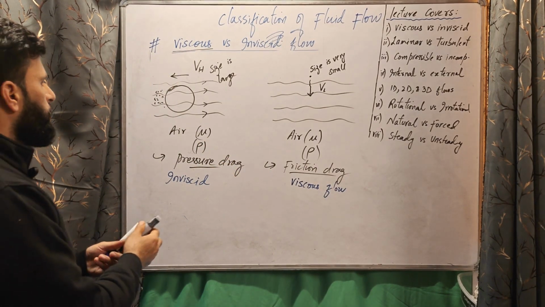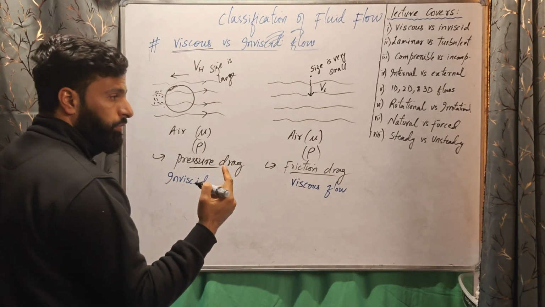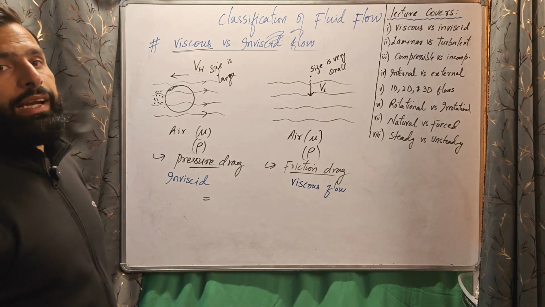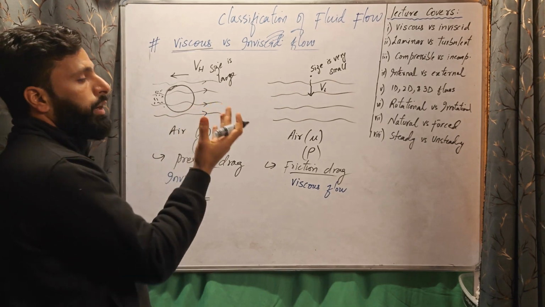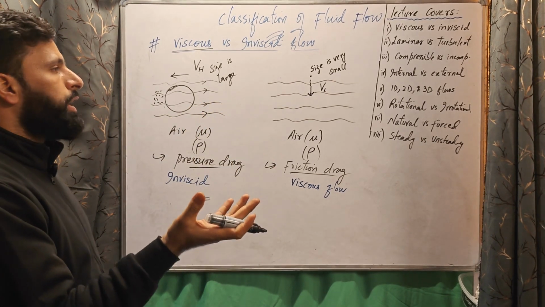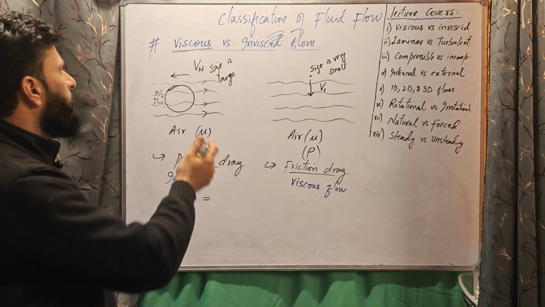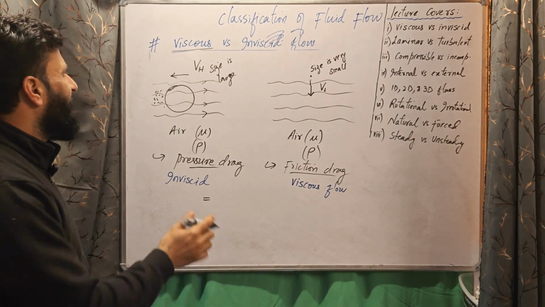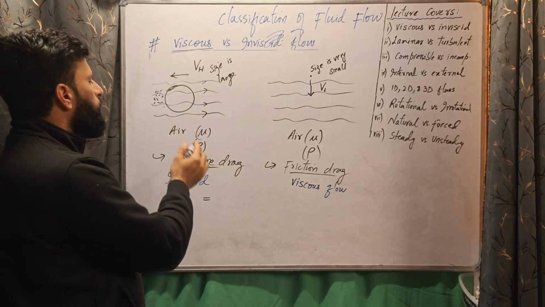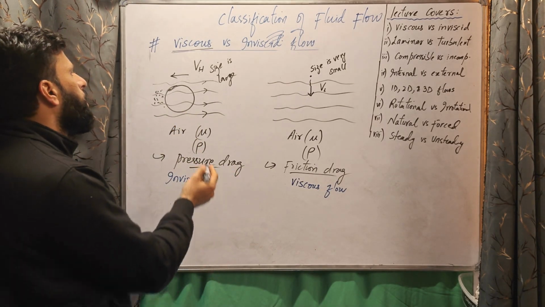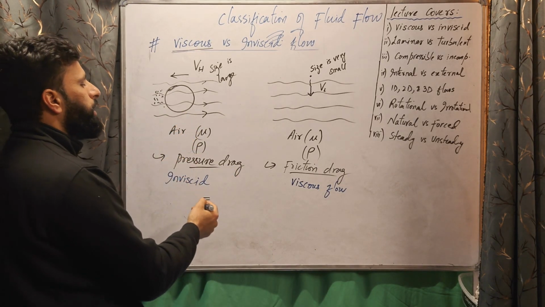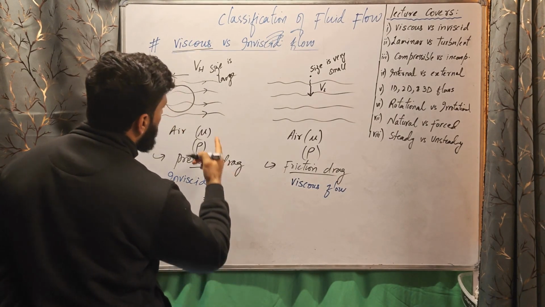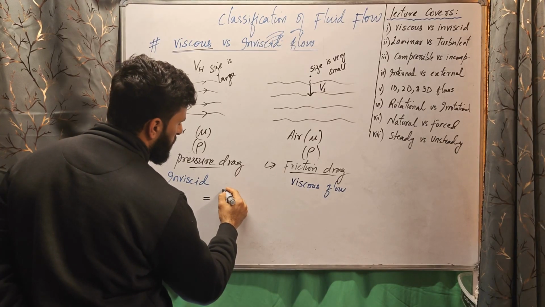Now from this discussion, how do we decide whether a given flow system is viscous or inviscid? That will be decided by all these parameters. Experimentally it is found that when a flow is pressure dominated, velocity is high.